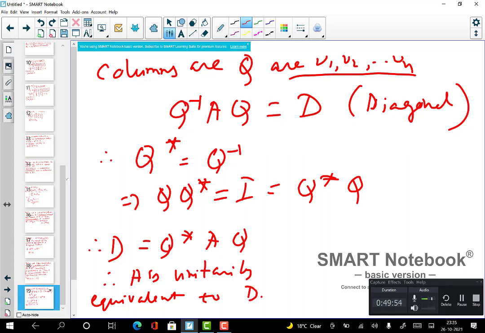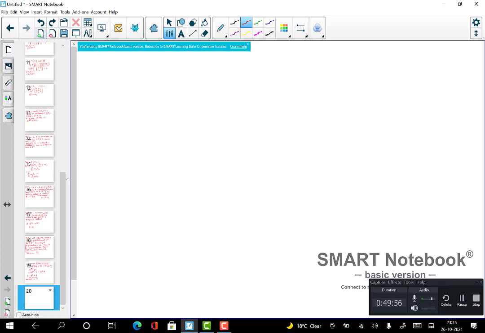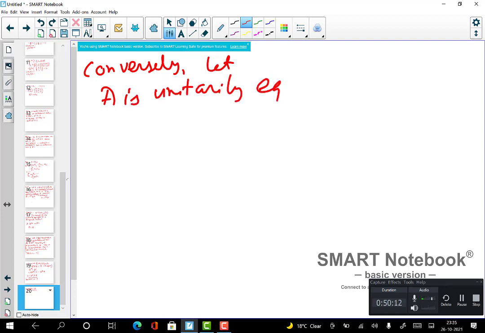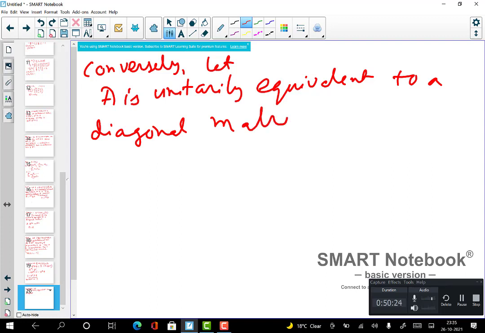So this is the one part, and the converse part is also very easy. So conversely, let A be unitarily equivalent to a diagonal matrix, say D. So what does that mean?